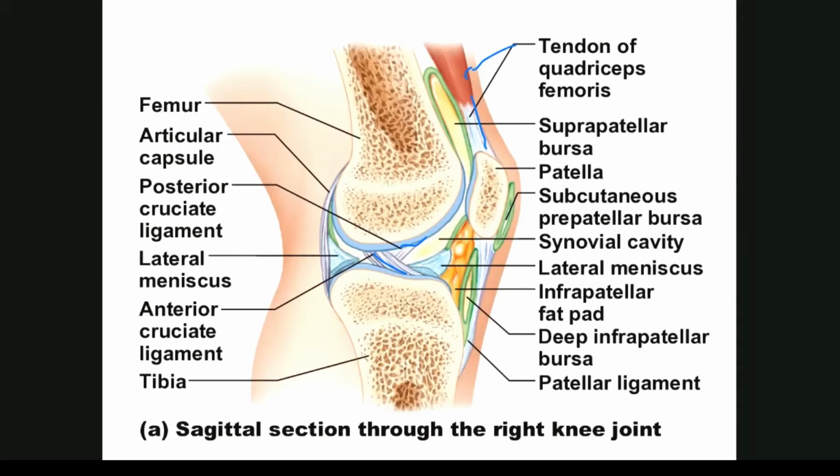It goes down to the tibial tuberosity. Very complicated. You can see all these bursa, suprapatellar bursa, supracutaneous prepatellar bursa, deep infrapatellar bursa, so a lot of bursa. And we're going to look at some different angles of this joint.